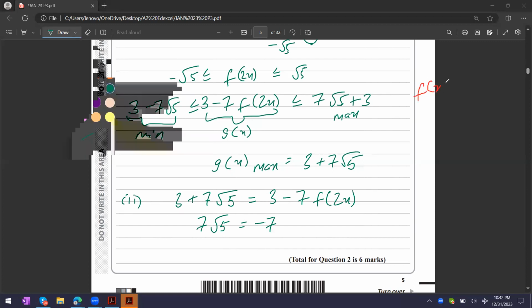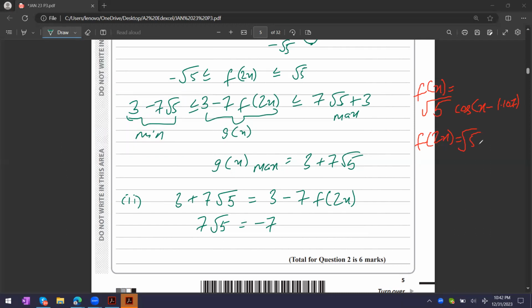If f of x is root 5 cosine of x minus 1.107, f of 2x is simply root 5 cosine of 2x minus 1.107. If you multiply the angle x with 2, it's only going to multiply the angle inside. Nothing else changes.